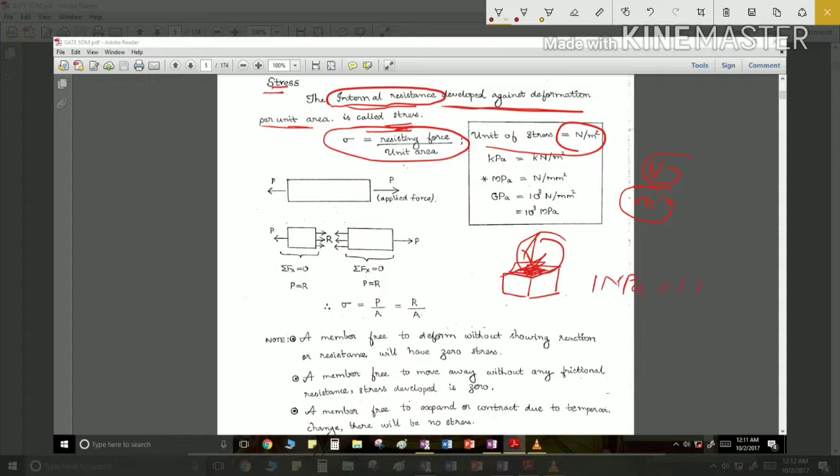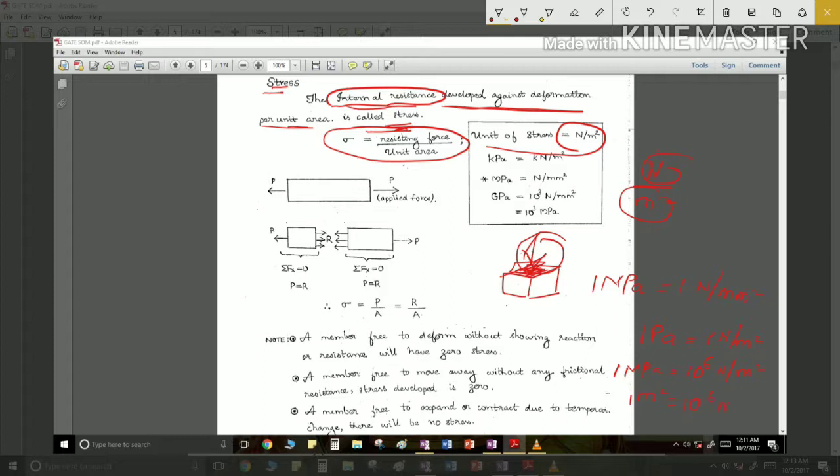The important thing in this entire strength of materials syllabus is 1 megapascal is equal to 1 Newton per millimeter square, because 1 pascal is equal to 1 Newton per meter square, and 1 megapascal is equal to 10 power 6 Newton per meter square.